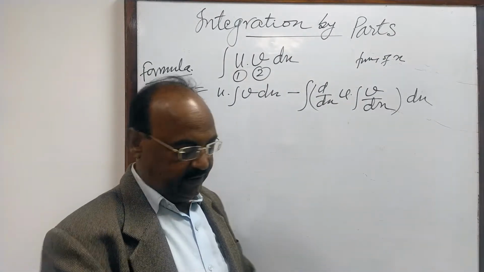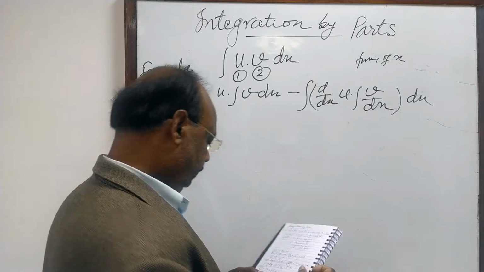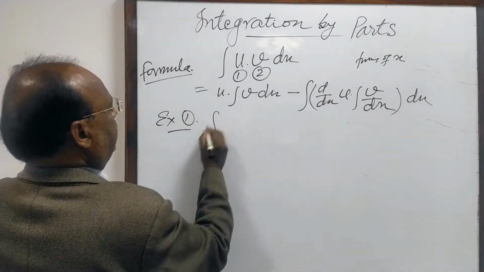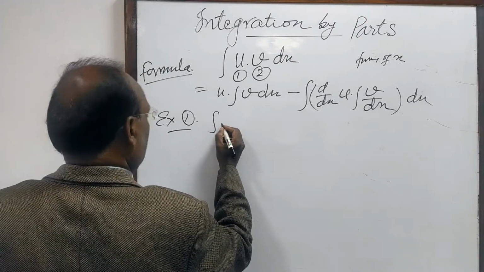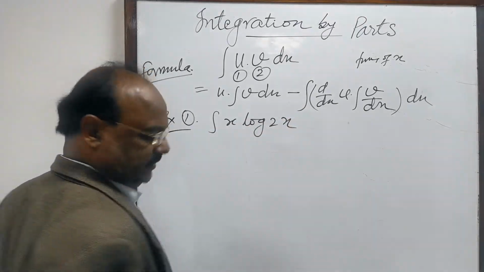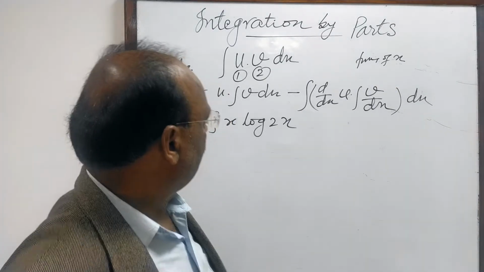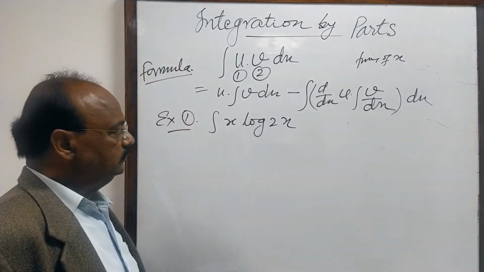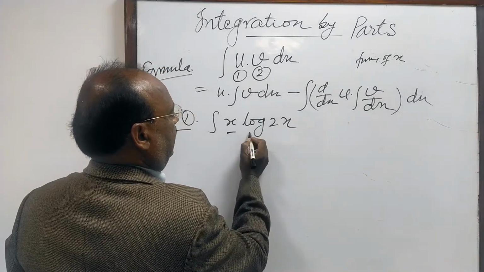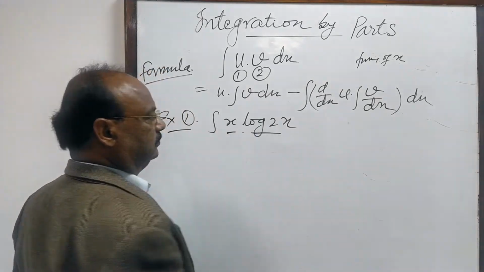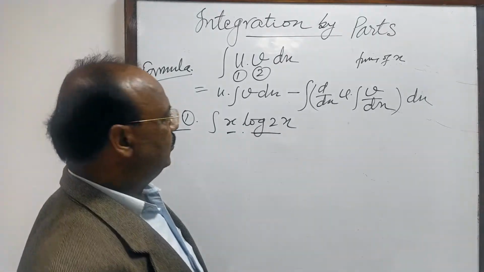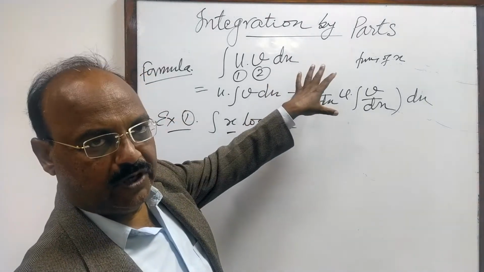Let us start with this question. Integral of x log of 2x. So you see here x and log of 2x, there are two functions, a product of two functions of x. So we have to use this formula here.